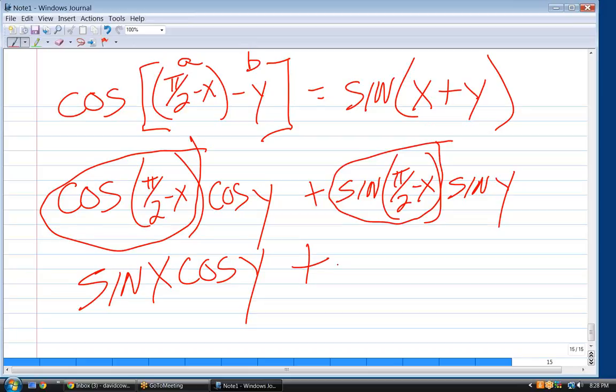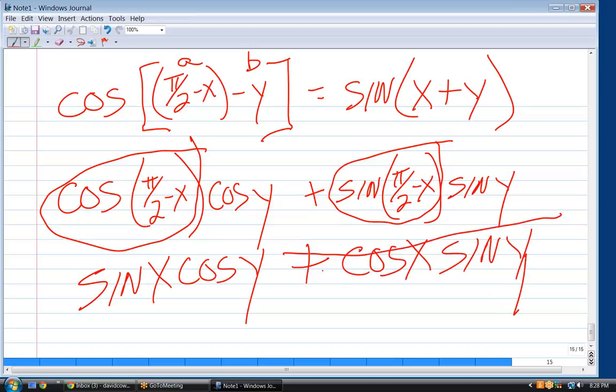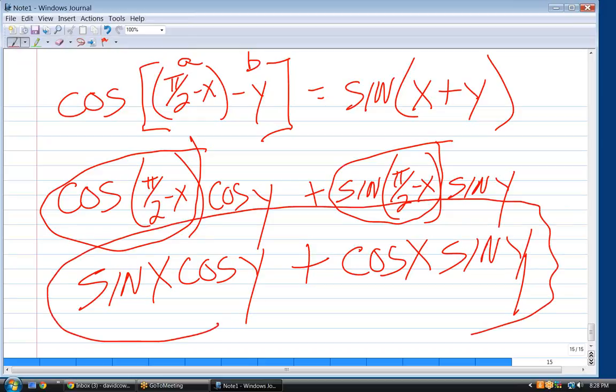That equals cosine of x, sine y. Now notice what we're looking at. That is the sum and difference identity for sine of x plus y.